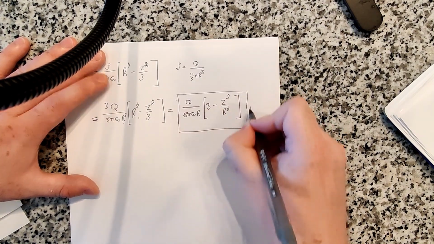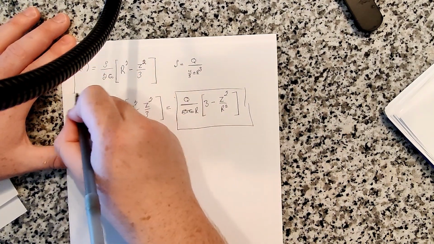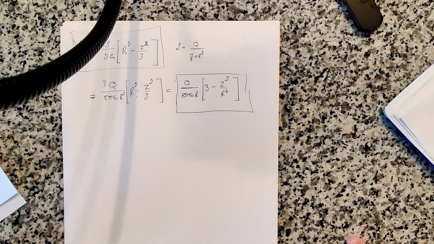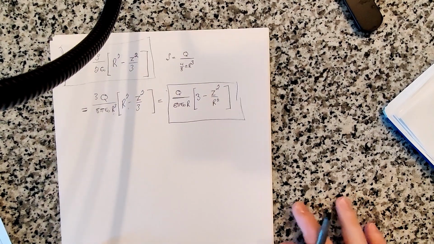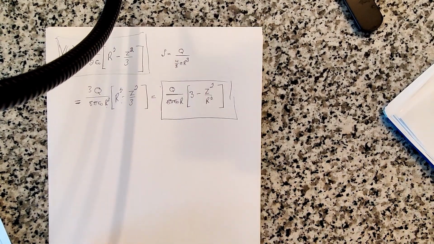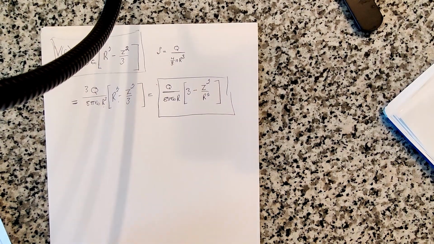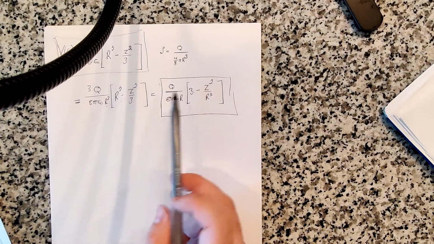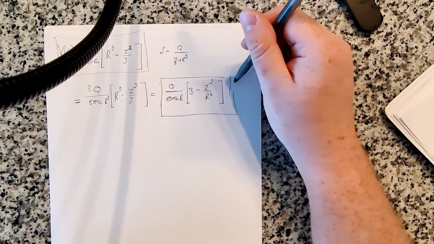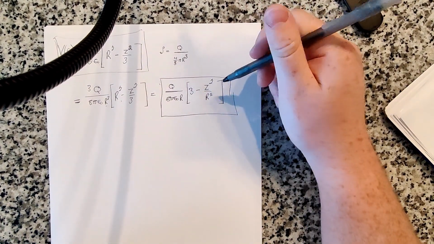And so this and this are equivalent to each other. All right, that covers it. I guess it didn't technically say to express it in terms of the total charge Q, but that's just another way to express it. So yeah, we end up with a nice little answer here for a solid sphere.